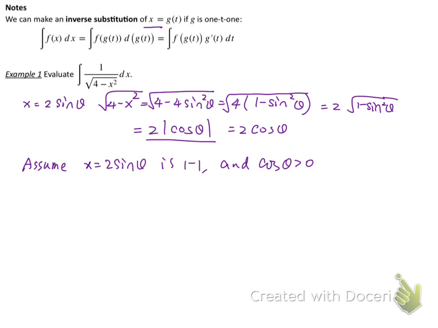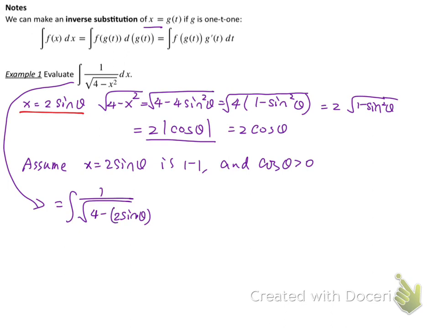Then look at my original integral. This will be the integral of, again, I'm letting x be 2 sine theta. 4 minus 2 sine theta squared. The x also is 2 sine theta. We already worked out this radical.